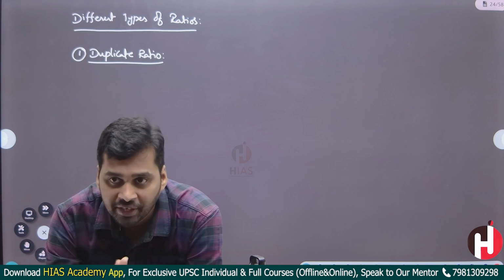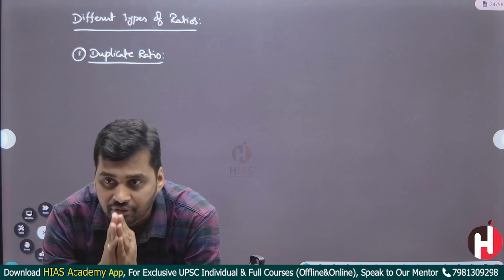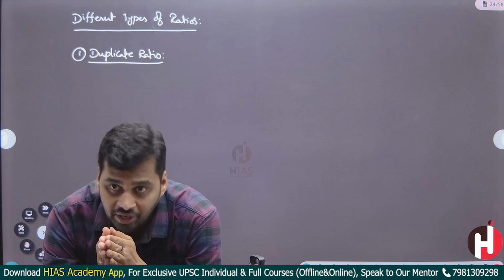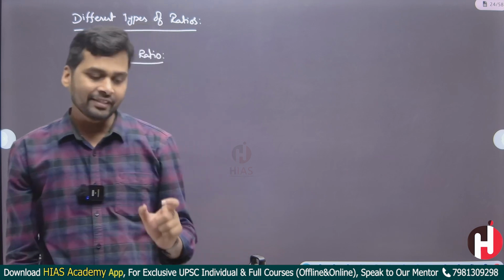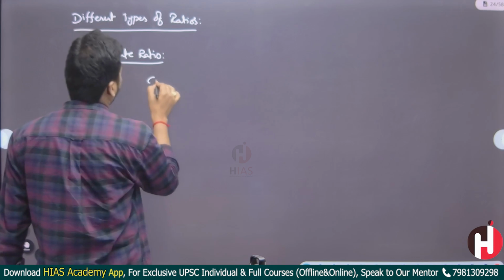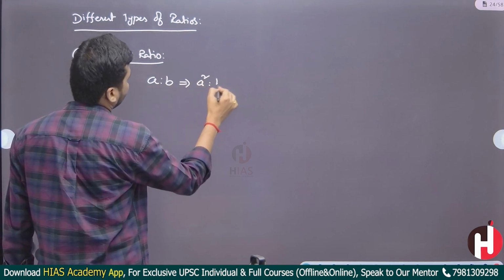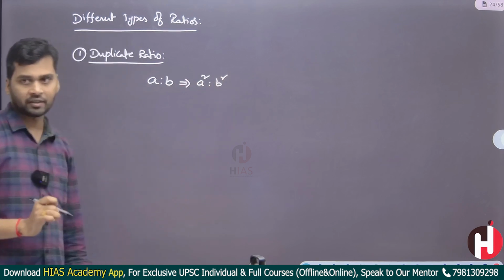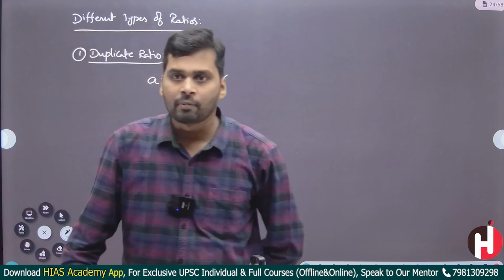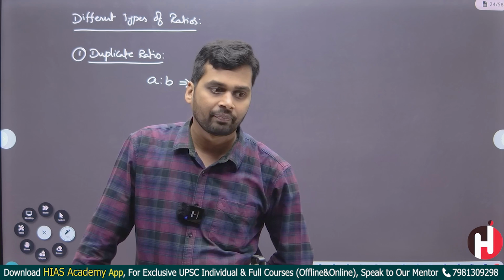So what is meant by duplicate ratio? Duplicate ratio is nothing but taking the square of the given terms. If a ratio is given, take the squares of the given terms. For example, the duplicate ratio of A is to B is nothing but what? A square is to B square. Whatever the number of terms, we take the square of each and every term. Duplicate ratio is nothing but taking the square of the given terms.